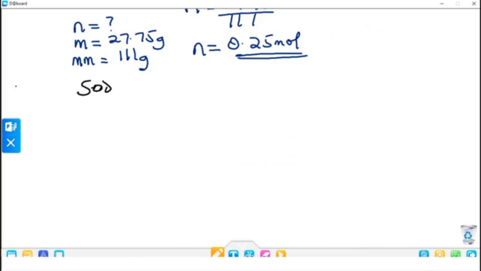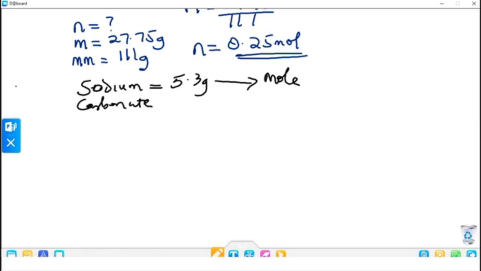Sodium carbonate is not reacting with anything, it is just by itself. They provided us with 5.3 grams of sodium carbonate, and we are asked to say what is the amount in mole of that mass.